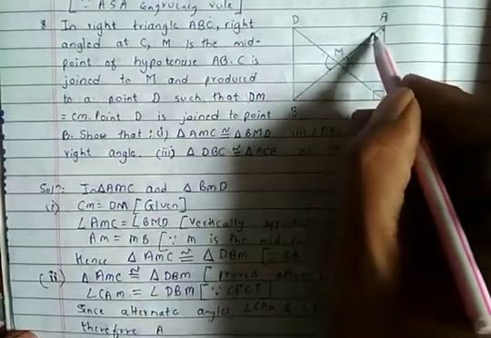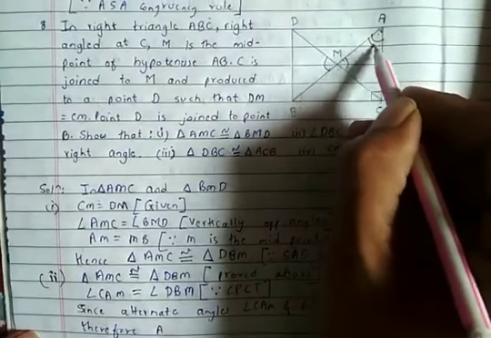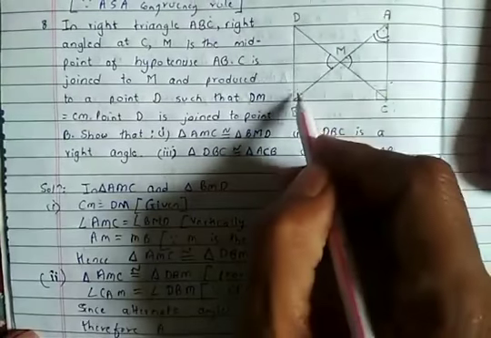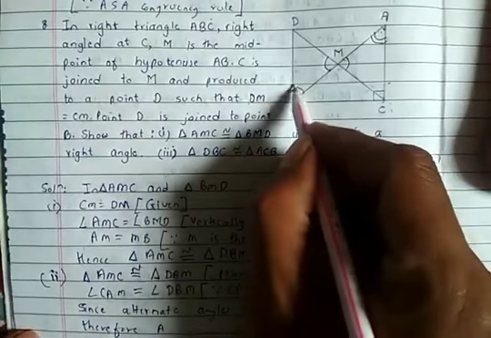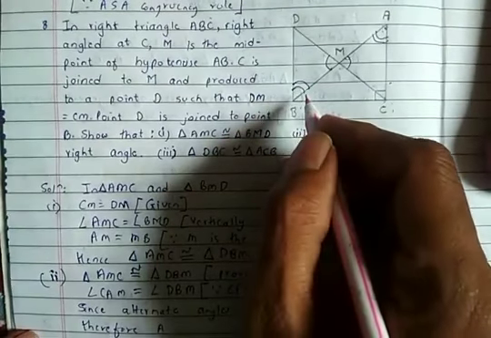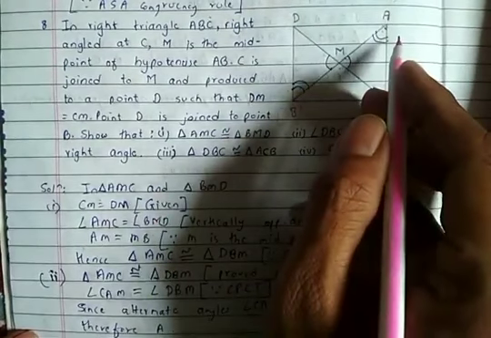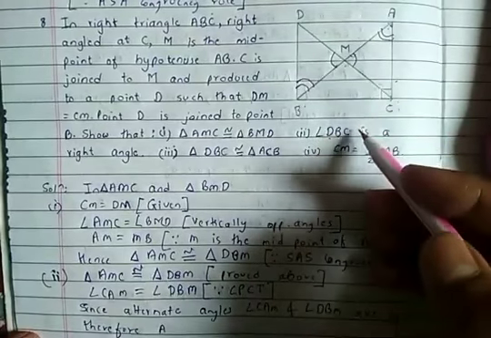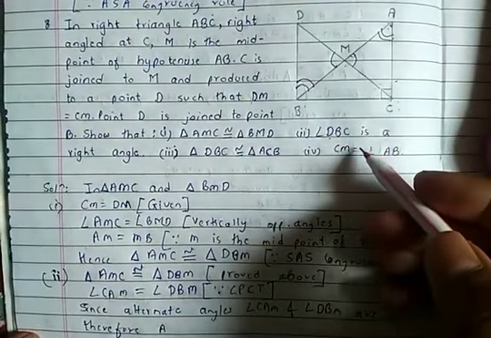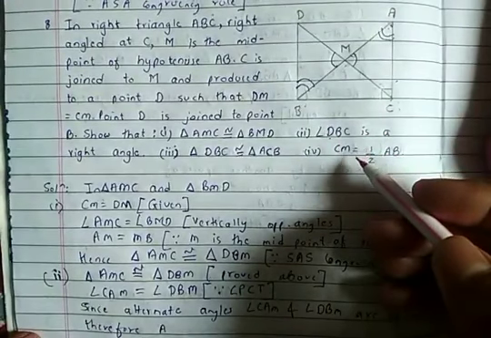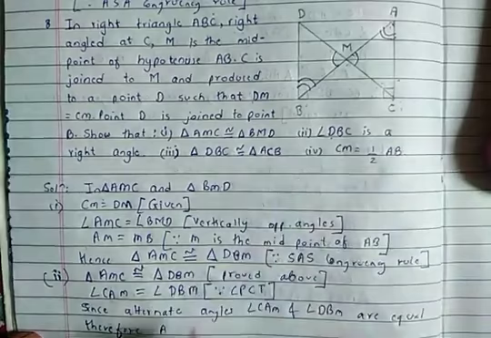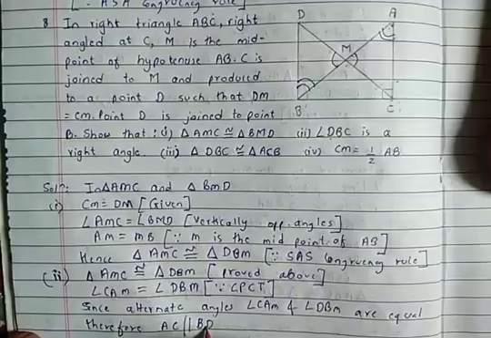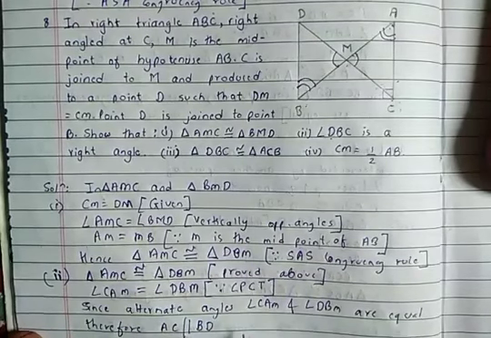This CAM is equal to DBM, right? You know these corresponding angles and alternate angles, right? You know all these, we have studied in the earlier chapter. Therefore, AC will be parallel to BD, right?